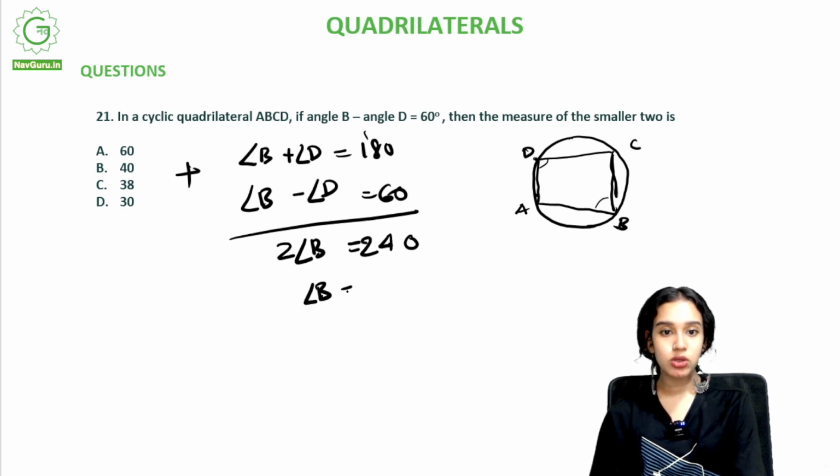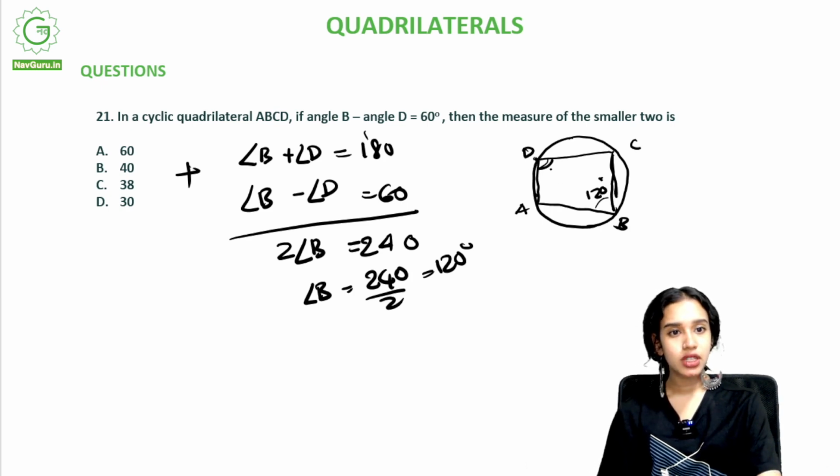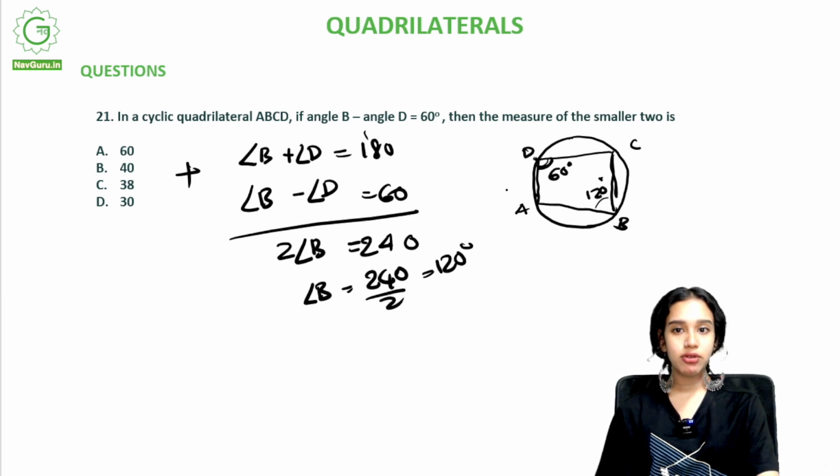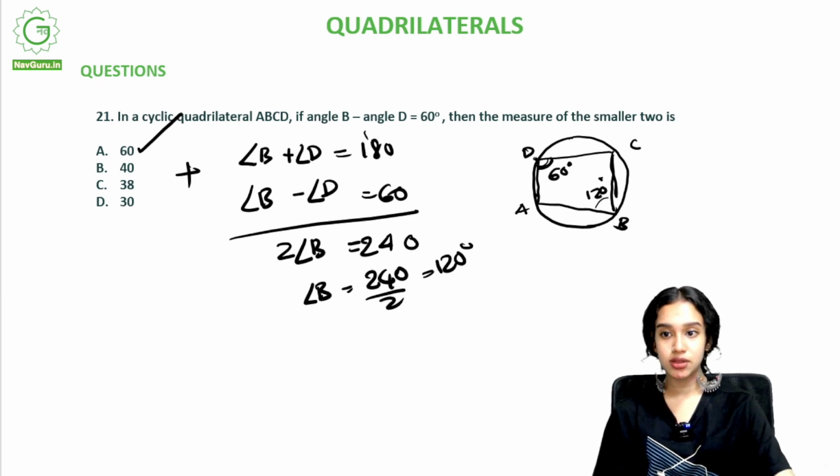And angle B, we would get as 240 by 2, which is equal to 120 degrees, right? Then angle D would be 120 minus 60, which is 60 degrees, so that the difference is 60 degrees too. Now we have to find the measure of the smaller angle. So the measure of the smaller angle is 60 degrees here.